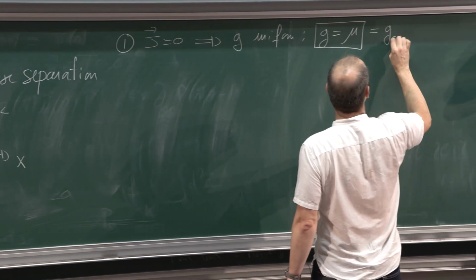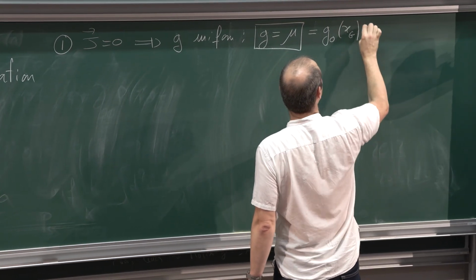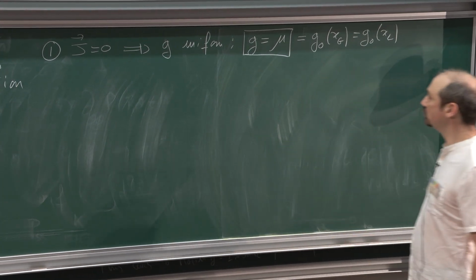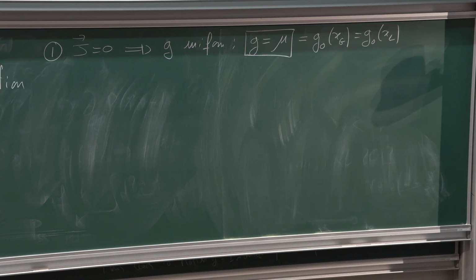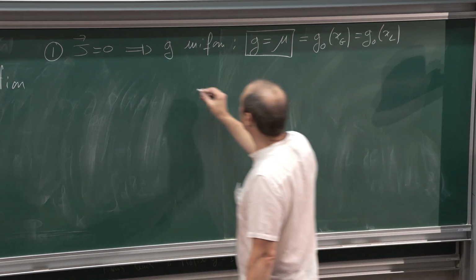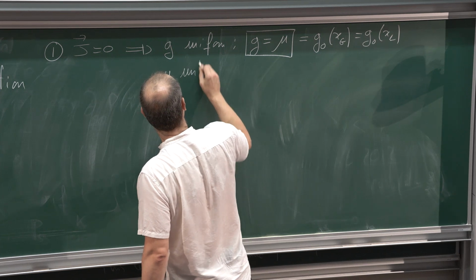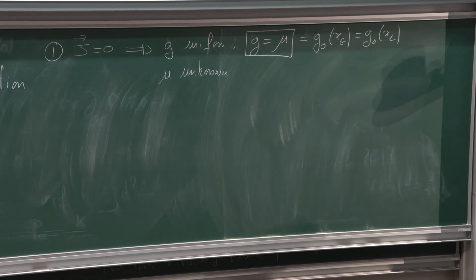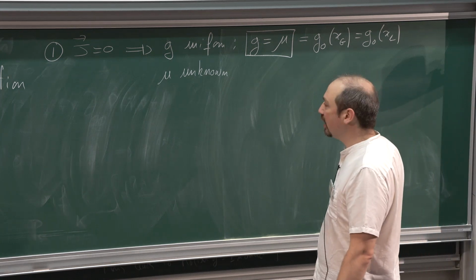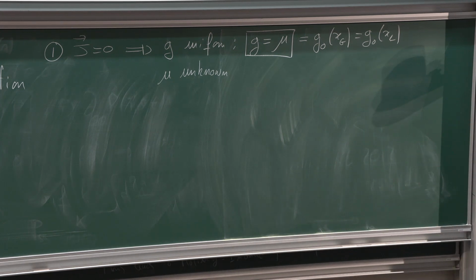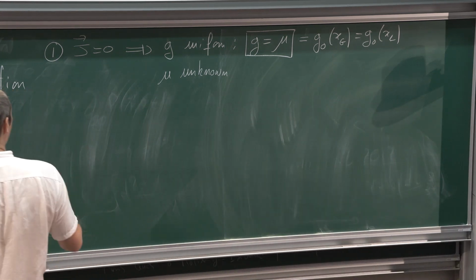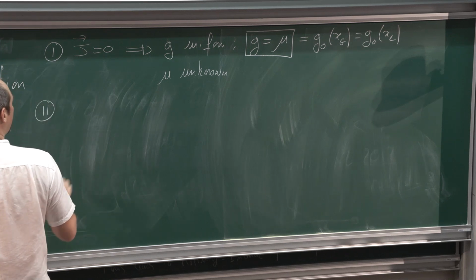And so it's equal to G naught of x gas, and it's also equal to G naught of x liquid. Okay? So I have some constant, mu, which is unknown at this stage. But I know that G naught has to be the same in both phases. So that's one condition. But I will need a second condition, because I have two unknowns, rho gas and rho liquid. And that's the one that's tough. And we will employ something which is called the Newton mapping to do that.